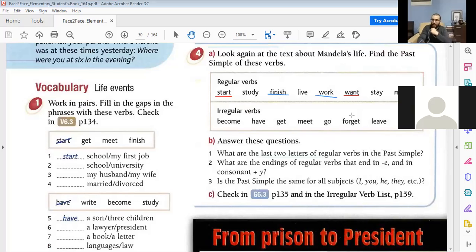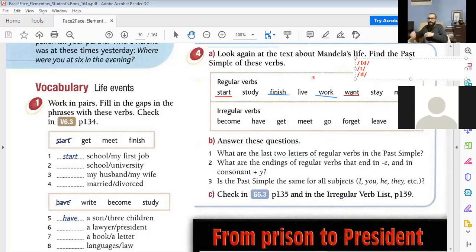This means we actually have three sounds, if you think of it. With the past simple, with regular verbs, we can group them into three groups. The first group, the id group, and then we have the T group, and the D group.